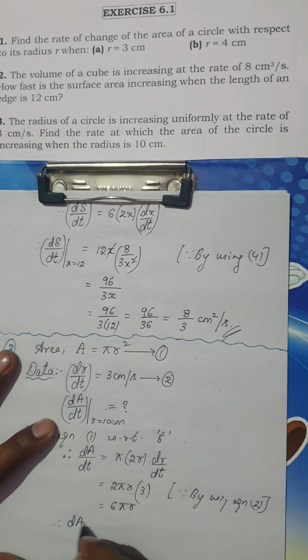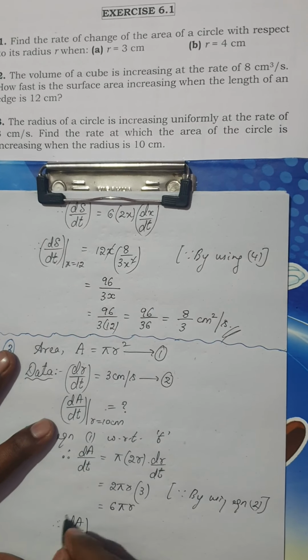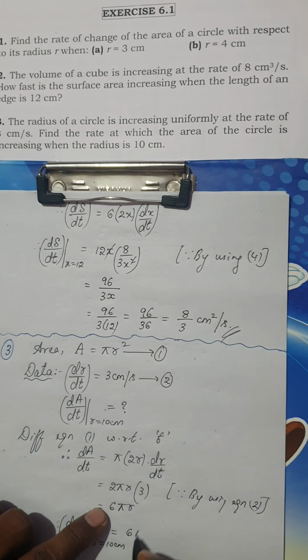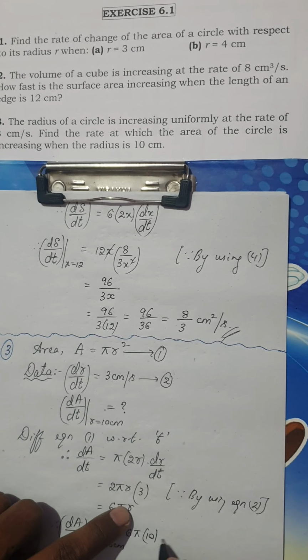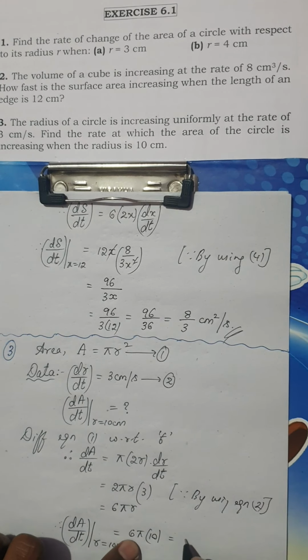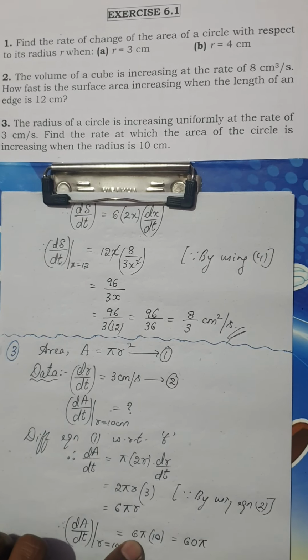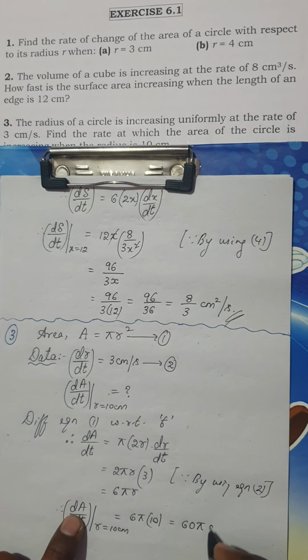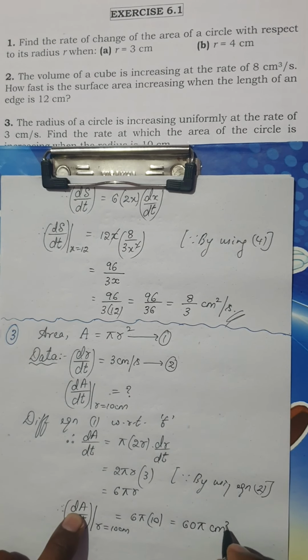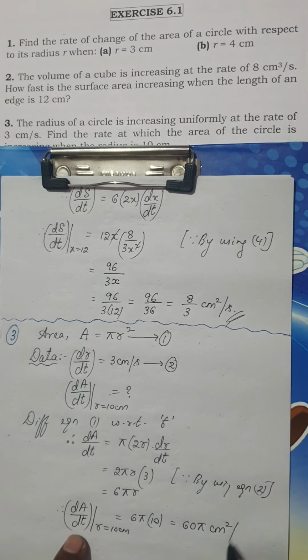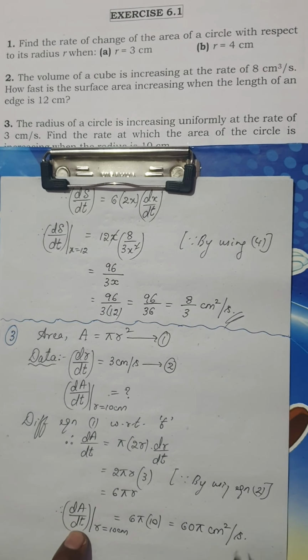Therefore, dA by dt when r is equal to 10 centimeter is nothing but, substitute for r, it is 6 pi into 10. What is 10 into 6? It is 60 pi. What is the unit of area? Area is unit square, that is, centimeter square per second.